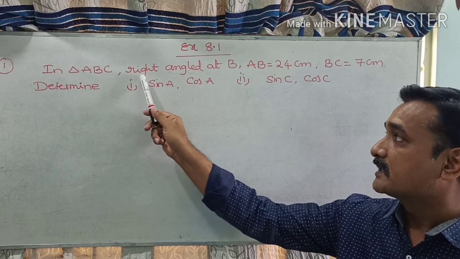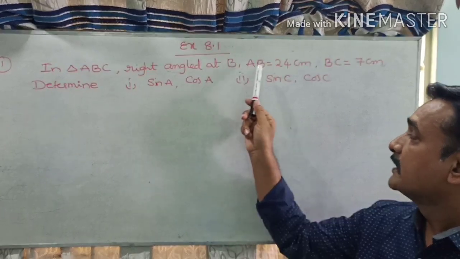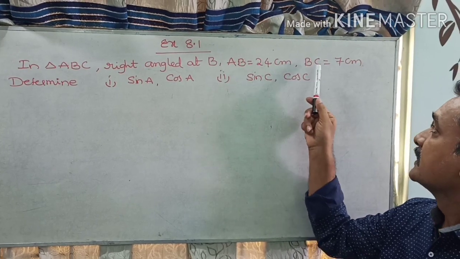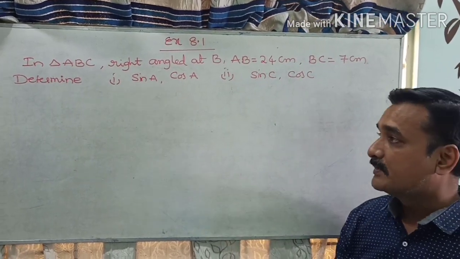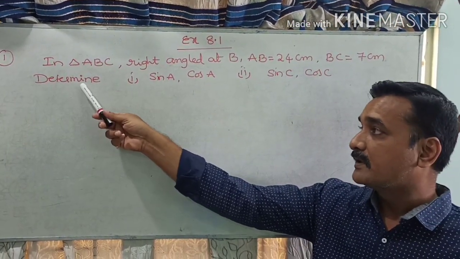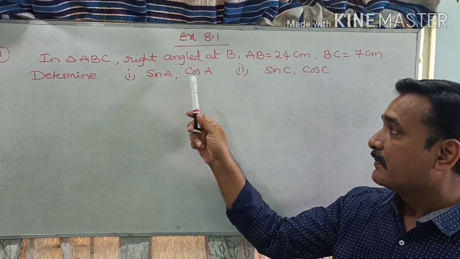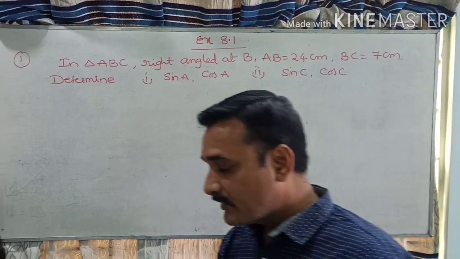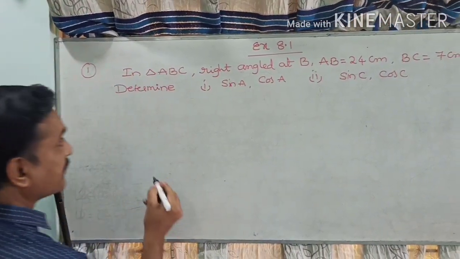In exercise 8.1, question number 1. In triangle ABC, right angle at B, given AB equals 24 centimeters, BC equals 7 centimeters, and they ask you to find sin A, cos A, sin C, cos C. We learned yesterday about the right angle triangle.